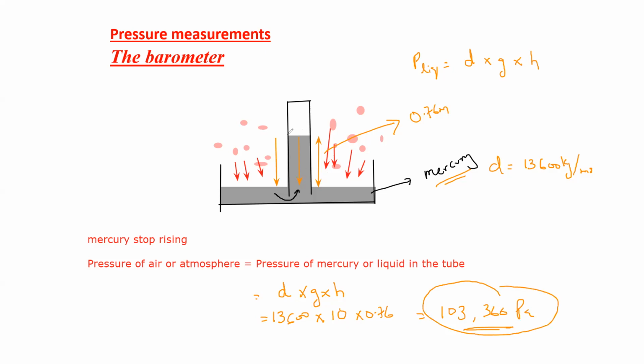Because the mercury stopped rising at this point, we say that the pressure exerted by the liquid matches the pressure of the atmosphere. And we can work out the pressure of the atmosphere by using the pressure of the liquid. Is it clear, the working of a barometer? It's not a direct measurement, it is just a comparison.